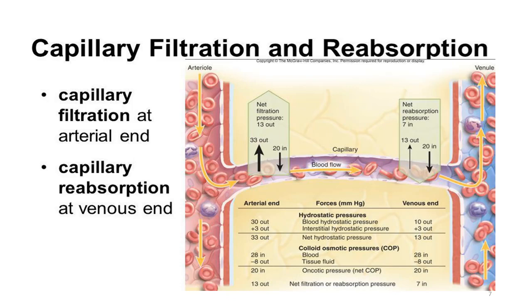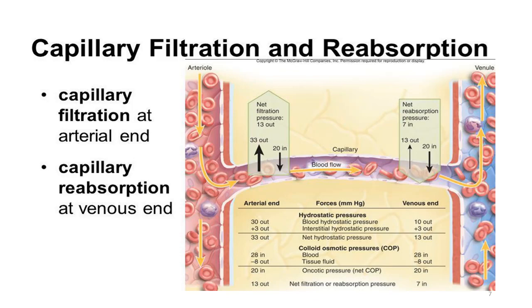Also we have the interstitial fluid's colloid osmotic pressure. It means that the proteins, cells, and electrolytes in the interstitial fluid tend to absorb fluids with about 8 millimeter mercury. So it's against the 28 millimeter of mercury. The arrows are against each other. 28 is inside the capillary, and 8 is outside the blood.